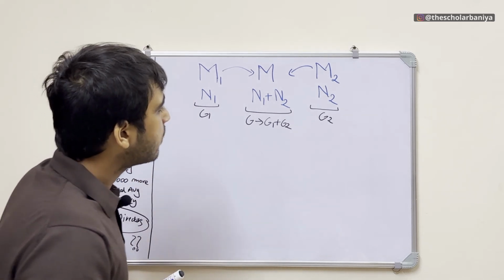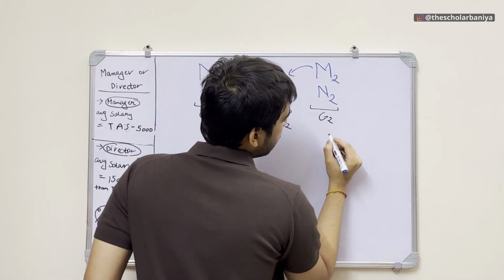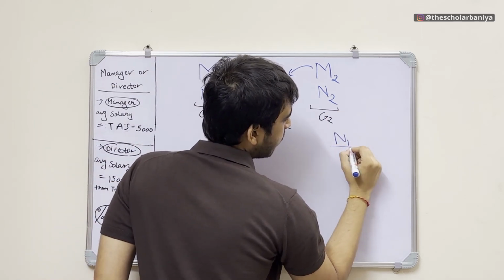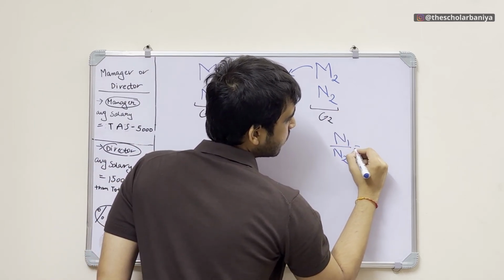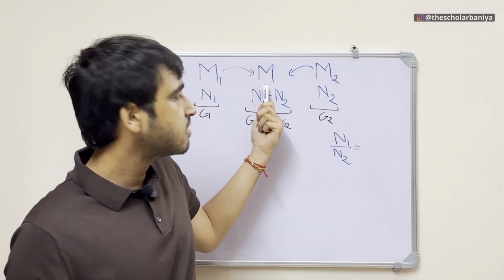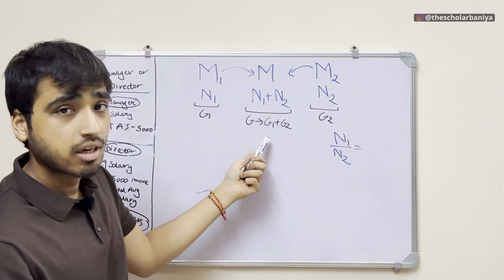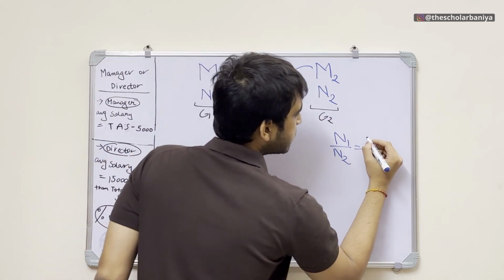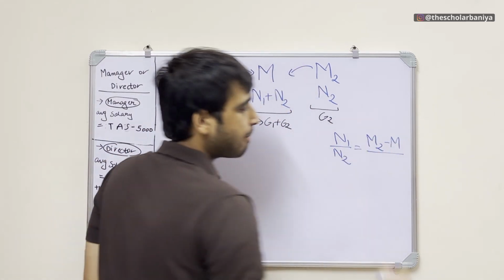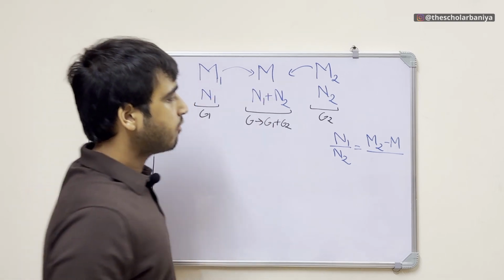Now, the formula over here is that n1 upon n2 is equal to the mean of this group minus the mean of the combined group, so m2 minus m, upon m minus m1.